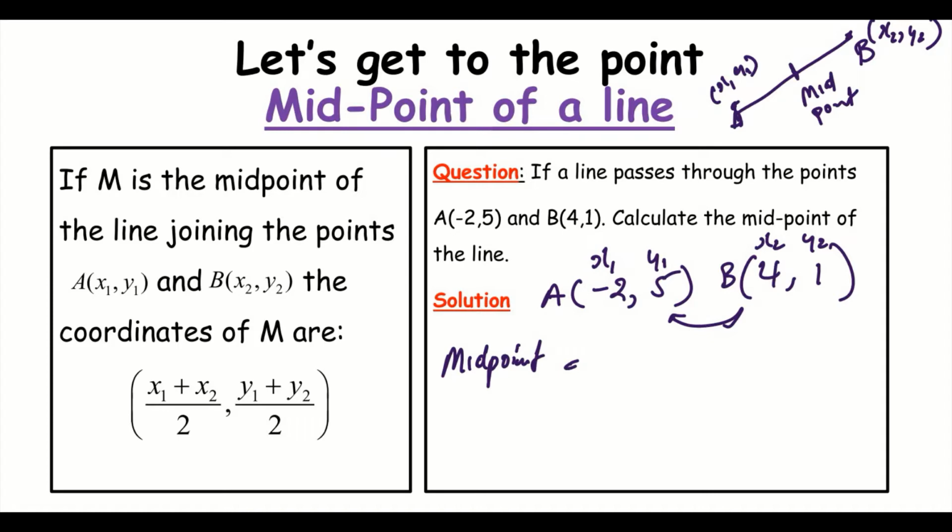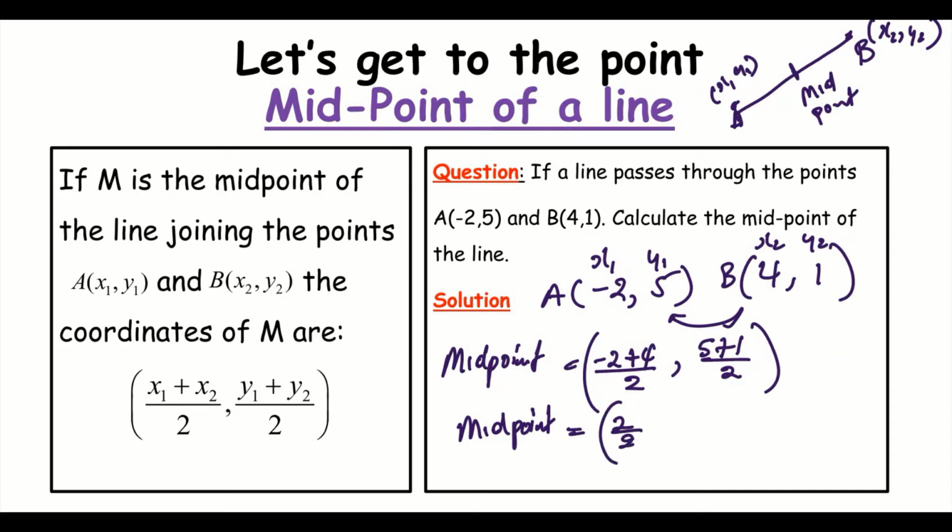is equal to, adding both x's, (-2 plus 4) divided by 2, comma, (5 plus 1) divided by 2. Now, the midpoint is equal to -2 plus 4 gives us 2, divided by 2, and 5 plus 1 gives us 6 over 2.